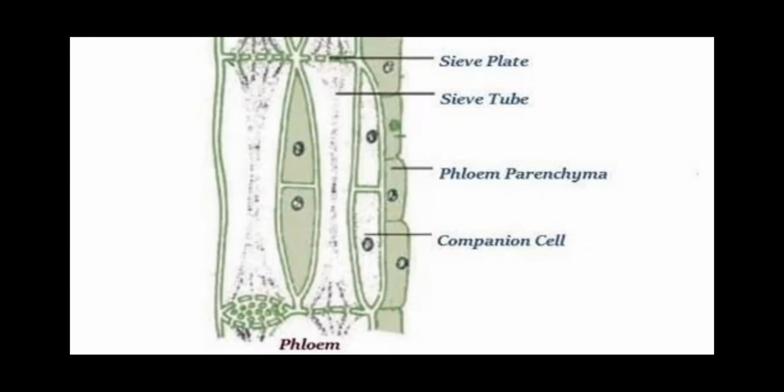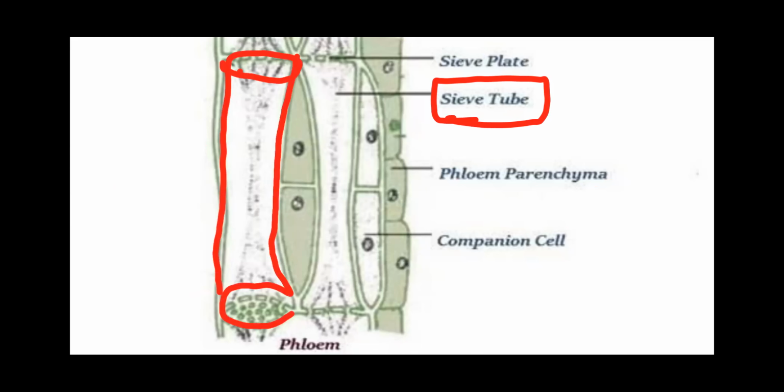Beginning with the first in the sequence, that is the sieve tube element. These are generally long tube-like cylindrical structures arranged longitudinally one above the other, which means this is one sieve tube element, another sieve tube element above it, another one above it.